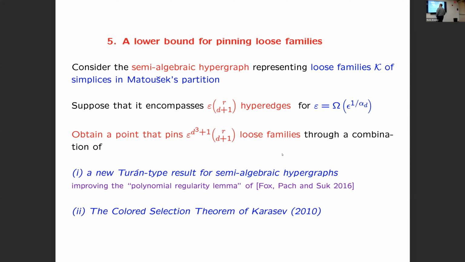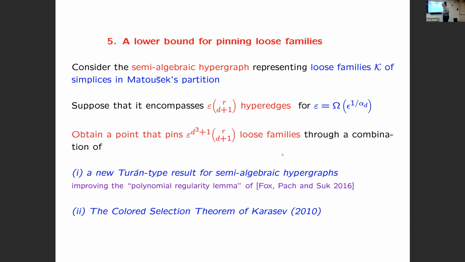As for the lower bound, suppose we have a large amount of hyperedges in the hypergraph of the loose families.